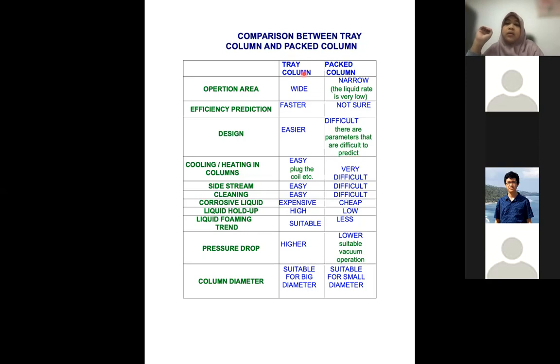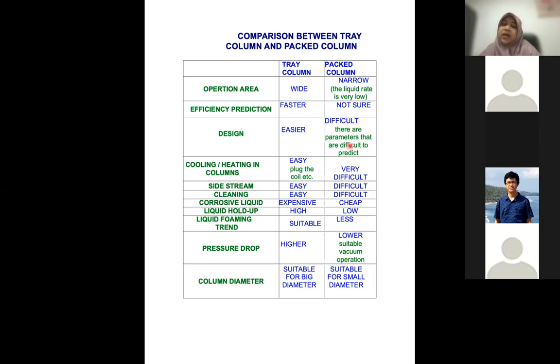But for the packed column, the operation area is quite narrow. The design for the tray column is easier, but the packed column is difficult. Why? Because it is more difficult to predict the absorption. It is more difficult to predict the mass transport.